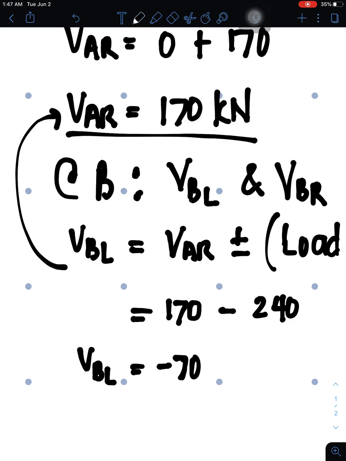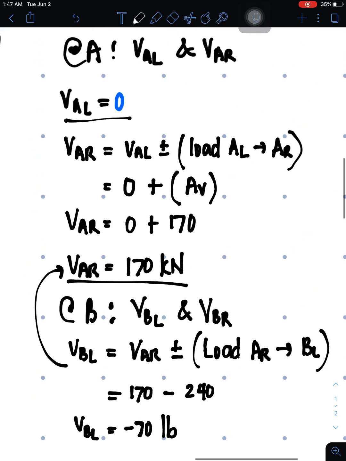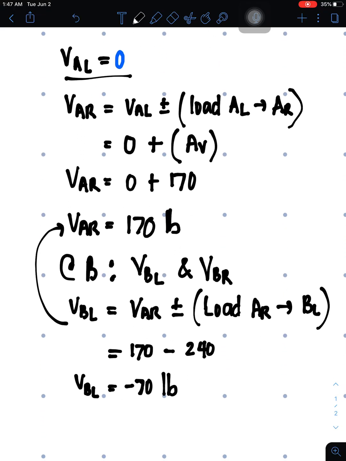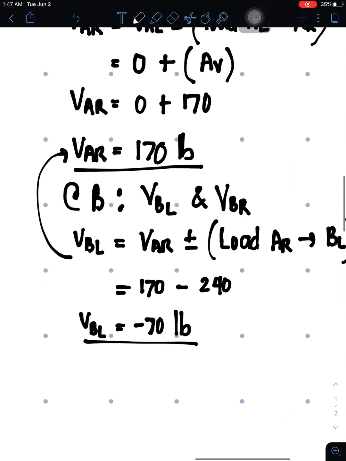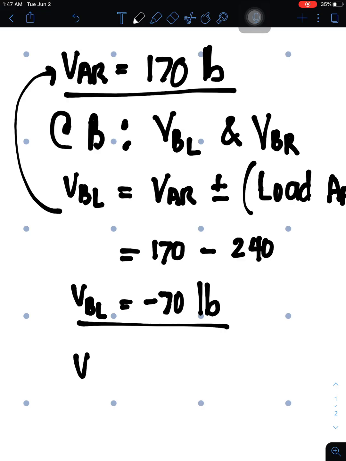This is in pounds. Okay, so this is our VAR, this is our VB left. Next, we're going to plot the VB right.